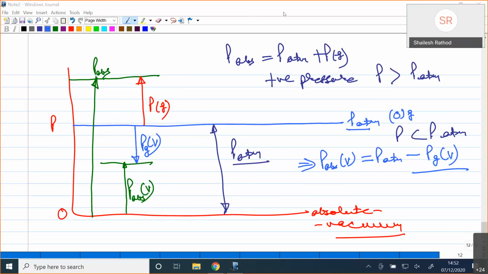Obviously, molecules will have some positive velocities and some negative velocities, so their kinetic energies will be randomly oriented. These molecular energies give us a bulk property, which is nothing but our internal energy.